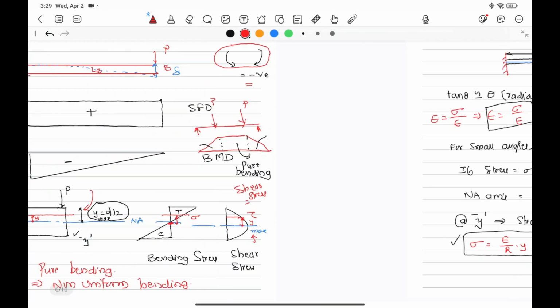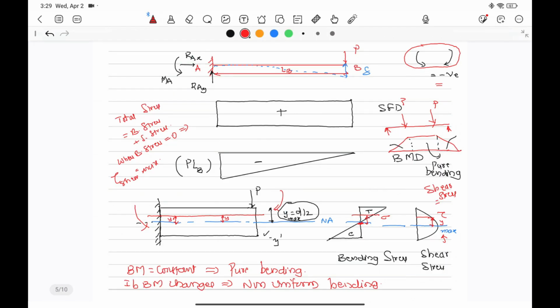Please try to understand how M by I is equal to f by y is equal to E by R, or M by I is equal to sigma by y is equal to E by R, how that particular equation has come, and what its importance is. Some bending moment and shear force diagrams I will take up in the next class after the numerical. We will do a good numerical on this in the next class.